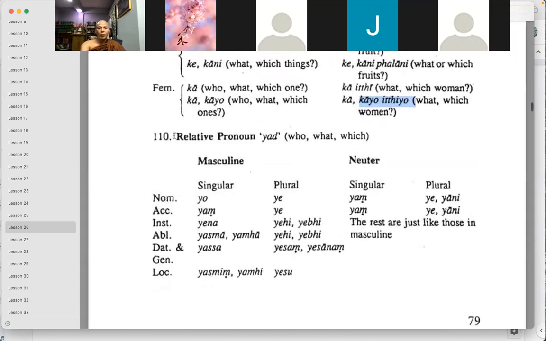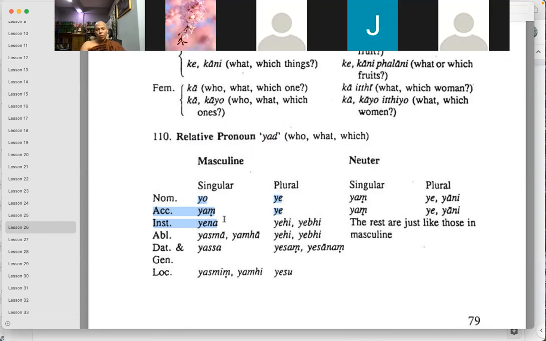Okay, and now the relative pronoun. The relative pronoun is actually ya, but some scholars say yad, with a final consonant. But that ya is not included in the declined form. In the declined form there is only yo, yam, ye, like the same as sa. Sa also, some scholars say tad, or tam in this way. They say that is a different idea. Okay, leave it.